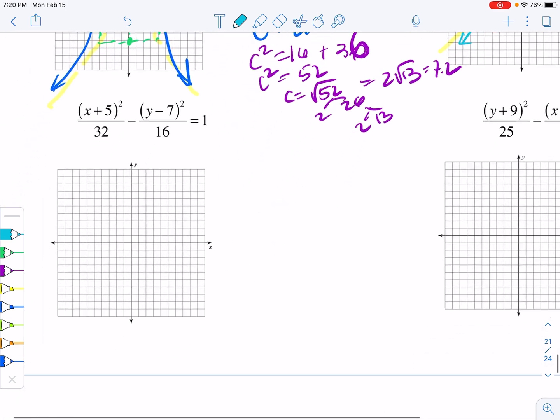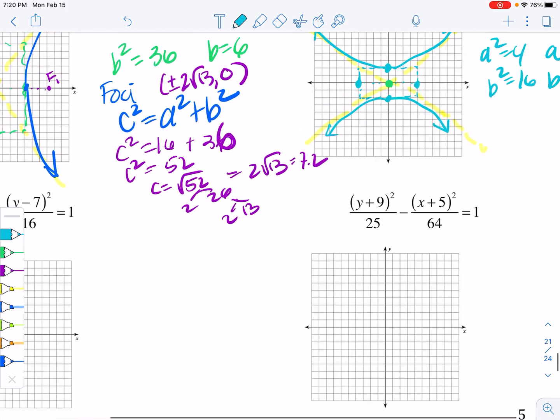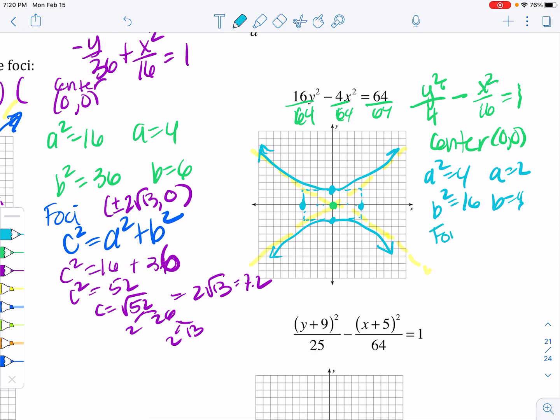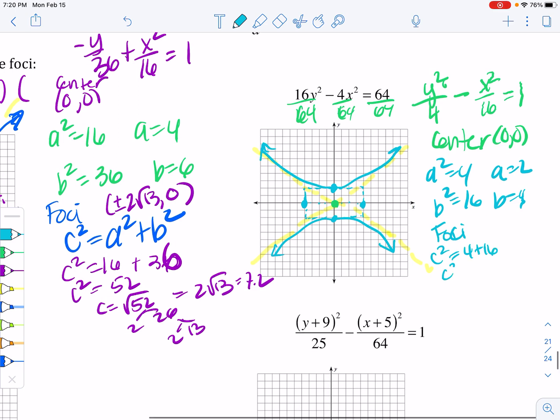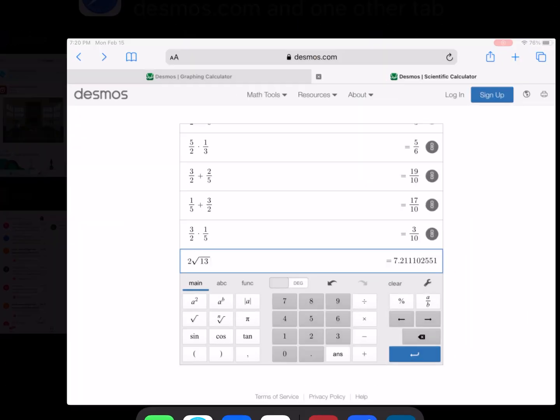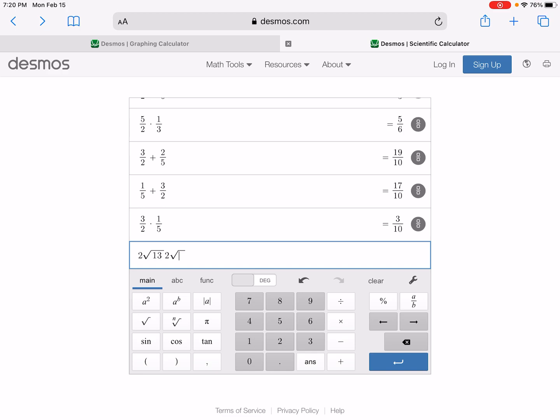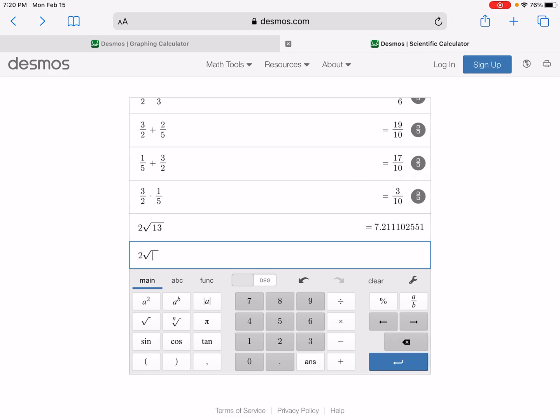Okay. Let's try one that's not centered at 0. Oh, I didn't find the foci. So if we find the foci here, our c squared value is going to be 4 plus 16. So c squared is 20. Then c is the square root of 20, which is 4 times 5 under the root, so 2 root 5. If we put in 2 root 5, it gives us 4.5.